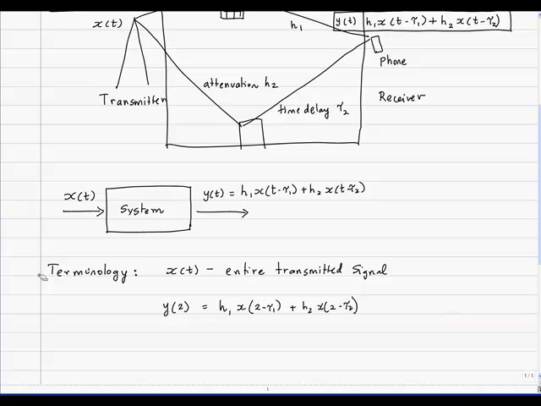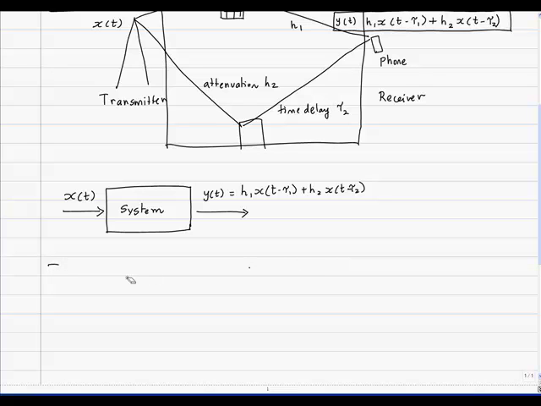Now let's look at this example. Let's come back to the cellular example, and let's look at what kind of problems we are typically interested in in such an example. So what's the ultimate goal for us? The ultimate goal in a typical cellular system is we take the received signal, the received signal at the antenna.